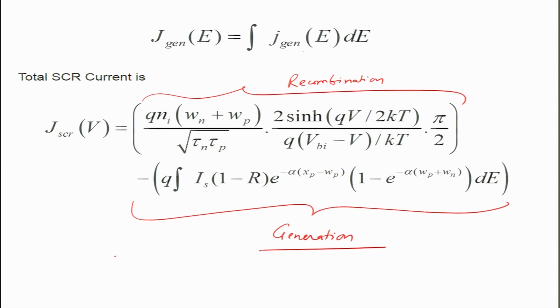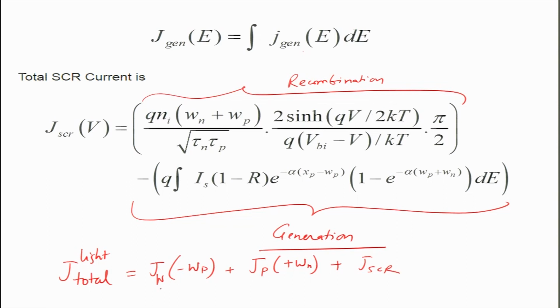So now the J total of a p-n junction device in light that we have calculated is minus J_n at minus Wp plus J_p at plus Wn plus J_SCR.